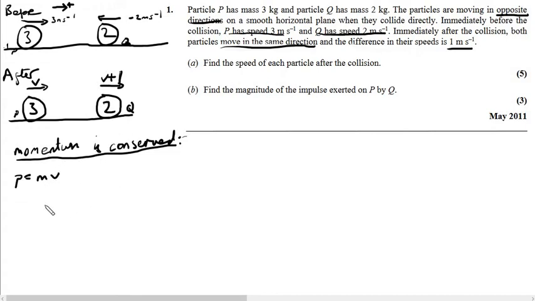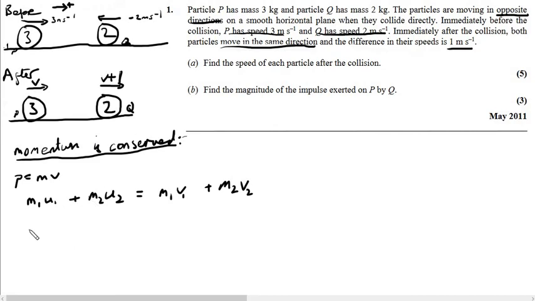So the equation for conservation of momentum is relatively straightforward. It's m1 times the initial velocity plus m2 times the initial velocity is equal to m1 times its final velocity plus m2 times its final velocity. So this is quite straightforward.